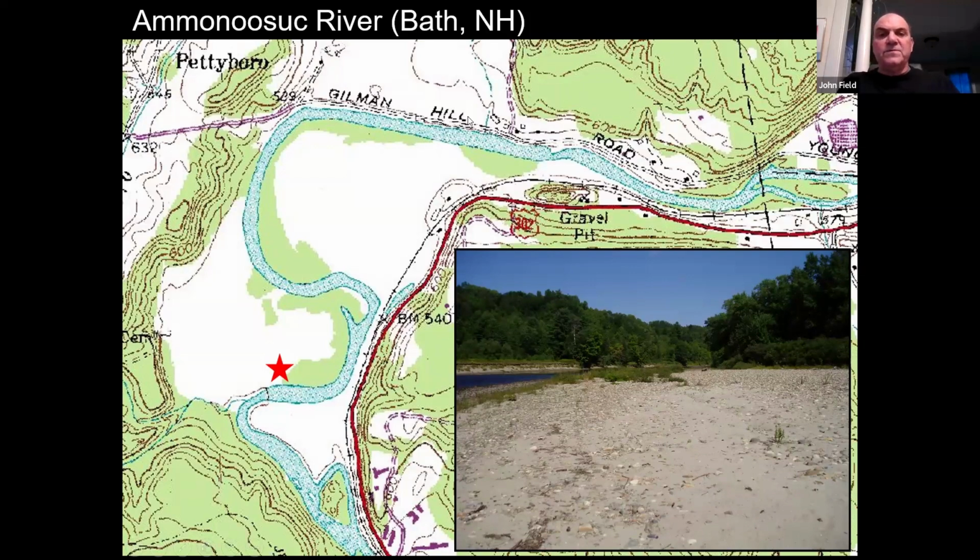Another one has to do with constrictions in the valley. Here on the Ammonoosuc River in New Hampshire, we can see a very wide floodplain which necks down into a canyon. So we have a valley constriction here, much like an undersized culvert or bridge crossing almost, but at a grander scale. During a flood, with the water spread out across the floodplain, that water cannot instantaneously transition into that narrow canyon.